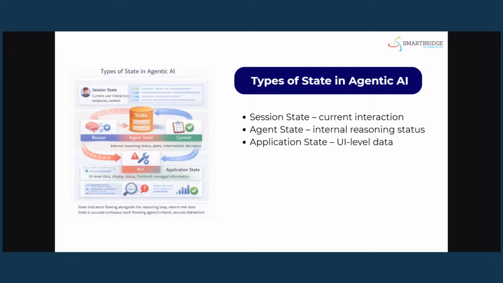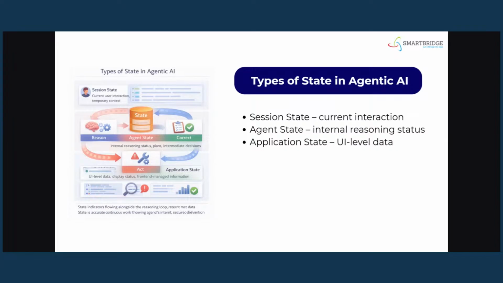Another type is agent state, which belongs to the AI agent itself. This includes what goal the agent is working on, which step it is currently executing, and what decisions have already been made. There is also application level state, which tracks information shared across users or tasks.